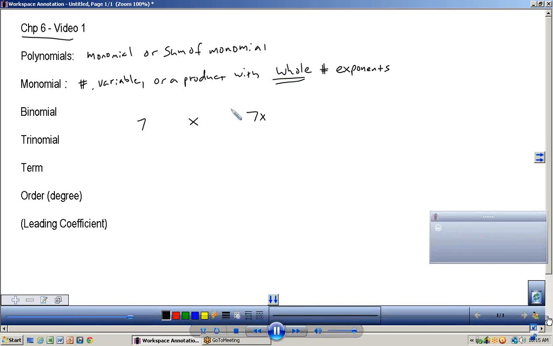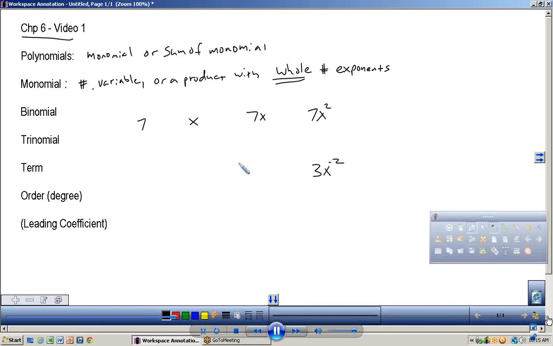But anytime you have a product with an exponent on the variable, the exponent has to be a whole number. So if I said 7x squared, that's fine because 2 is a whole number. But if I say 3x to the negative 2, that is not a monomial because negative 2 is not a whole number.